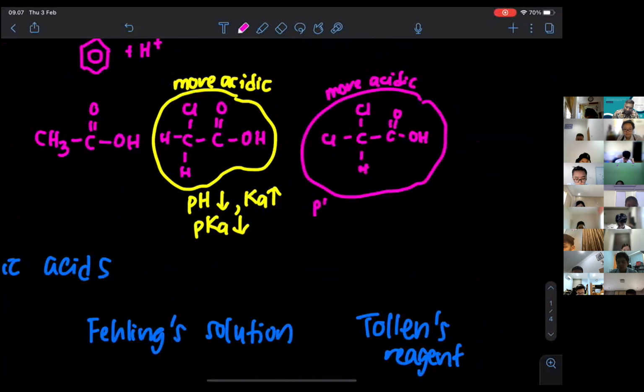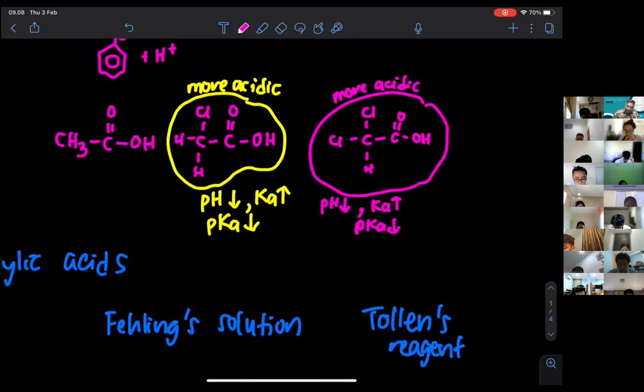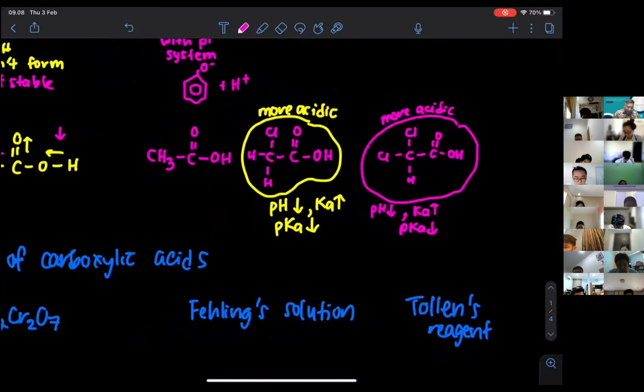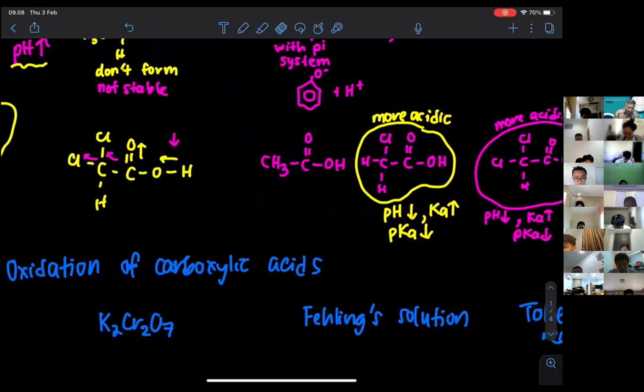The pH will be much lower, Ka is going to be higher, pKa is going to be lower. If you have another Cl over here, more electrons are going to be withdrawn.